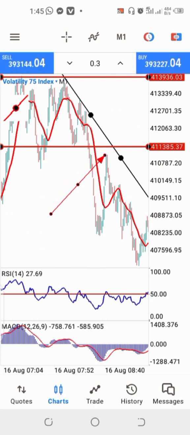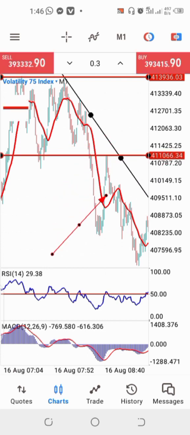Now when it gives us this high, we expect price to come and break this low and give us another low. So whenever it forms this high that doesn't touch the trend line, you move down your horizontal line, and that becomes our line 1 of interest.